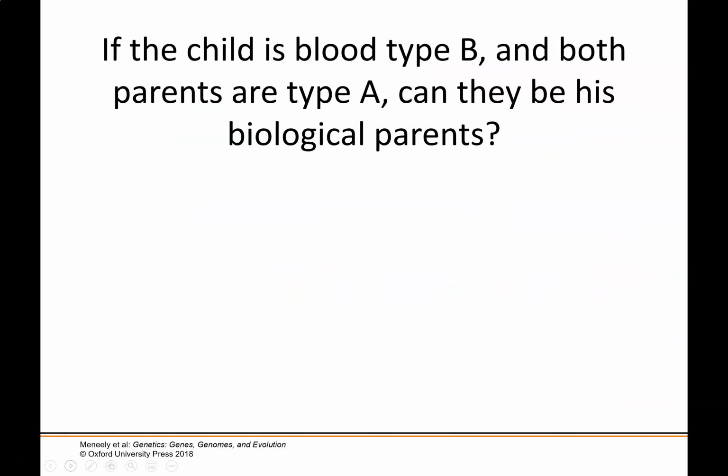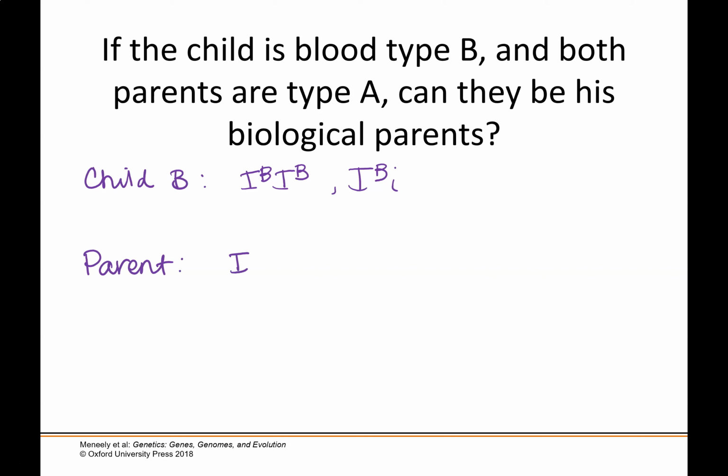All right, let's work backwards. If a child is blood type B, and both his parents are type A, can they be his biological parents? So we don't even need to work out any Punnett squares here. If the child is B, the possibility for his blood type is that he is homozygous B or heterozygous B. For either parent, if they are blood type A, they are either homozygous A or heterozygous A with the O allele.